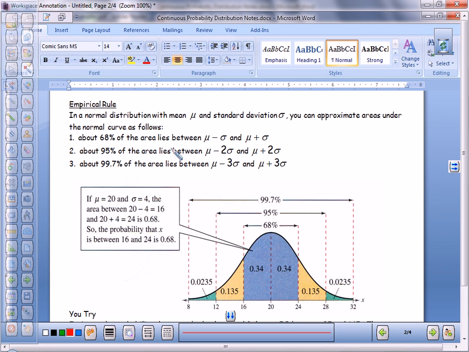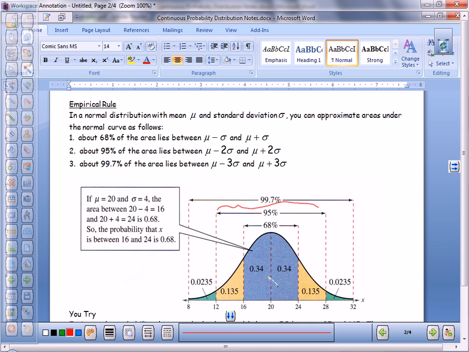About 95% of the area lies within 2 standard deviations. So if we go 2 this way and 2 that way, from here to here, we get 95% of our data.